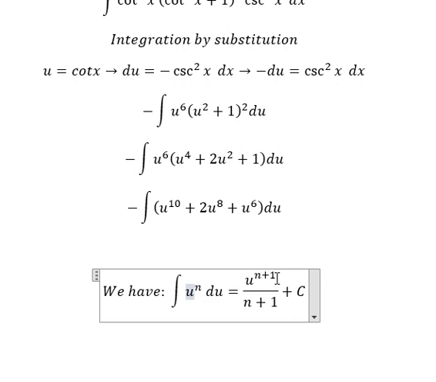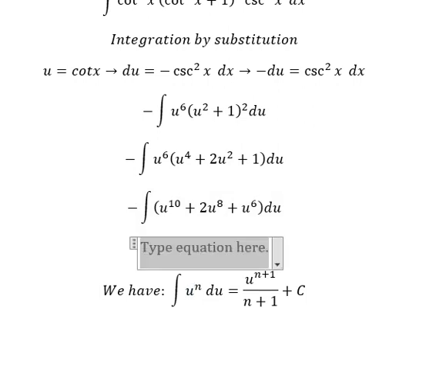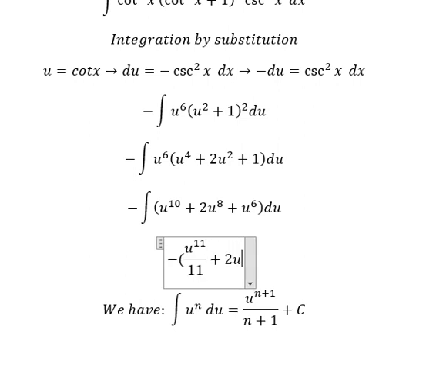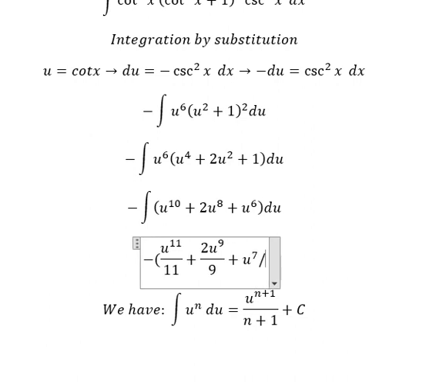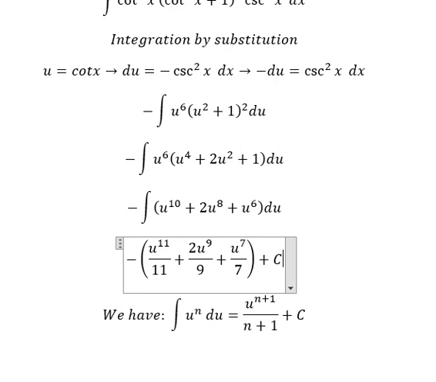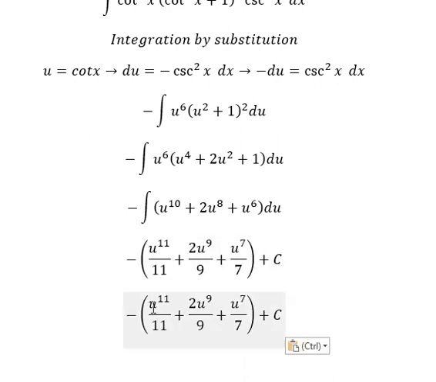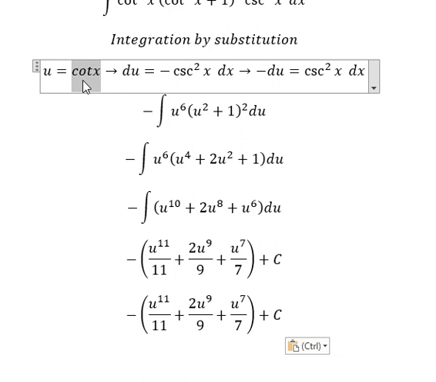So 10 plus 1 we have 11. Now we can do similar for the next one, about u, that is about cosine x.